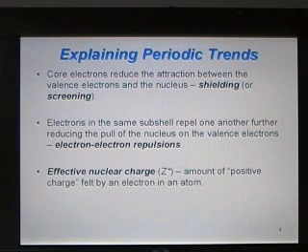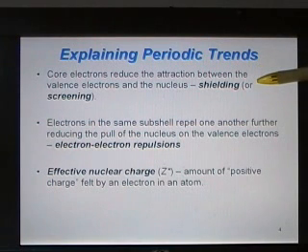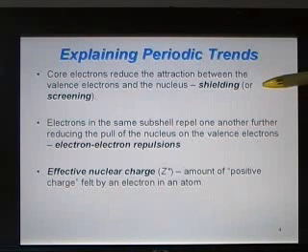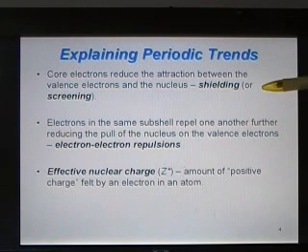Now, when we explain periodic trends, there's 4 different ideas we use to explain them. The first one is electron configuration. The second one is the idea of shielding. And remember that shielding is where the core electrons reduce the attraction between the valence electrons and the nucleus.